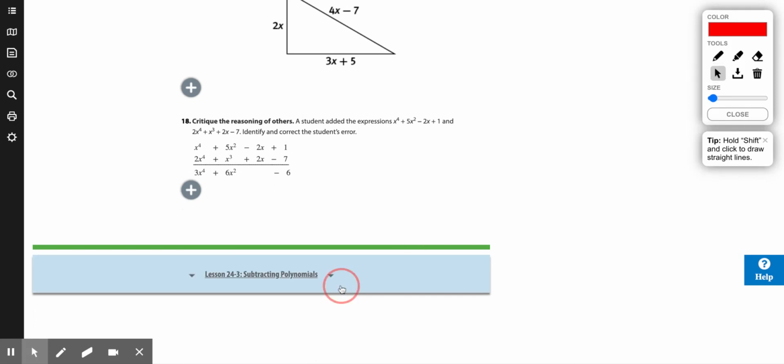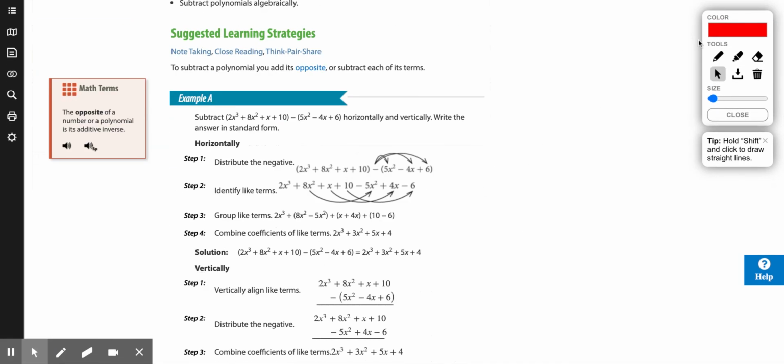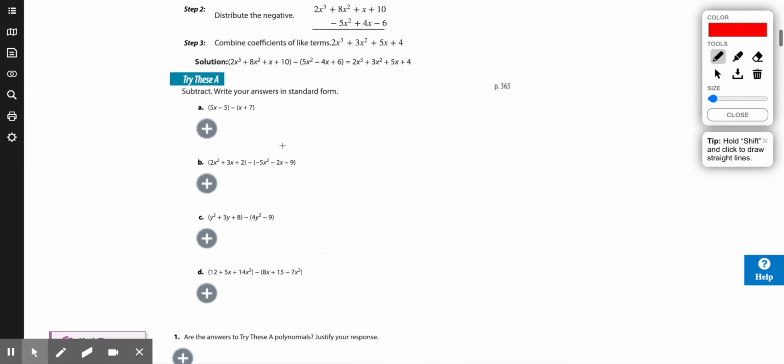All right, let's go down to subtracting. Same exact way, except just remember to distribute the negative sign. So if I have 5x minus 5 minus x plus 7, well, that's going to be 5x minus 5. All right, this minus sign distributes, so it's minus x and then minus 7. 5x minus x is 4x.